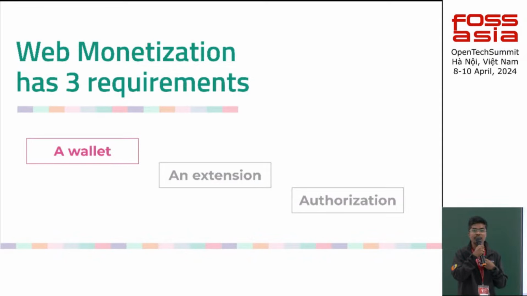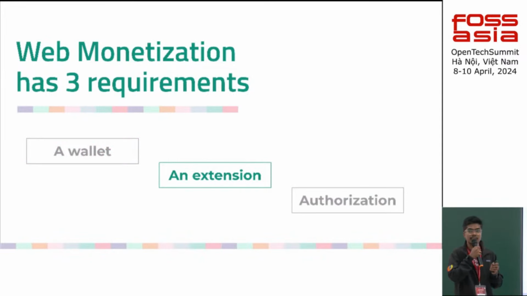So when I open your website, the money will be transferred from my wallet address to your wallet address at that time. And the wallet is the most complicated part because it deals with money, and also it has to adhere to the regulations in a particular country.